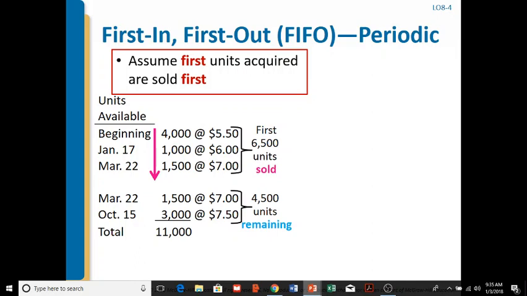And so you just multiply the number in each layer times the cost per each layer to come up with the cost of goods sold. And what remains is the remaining 2 layers of 1,500 at 7 and 3,000 units at 750.